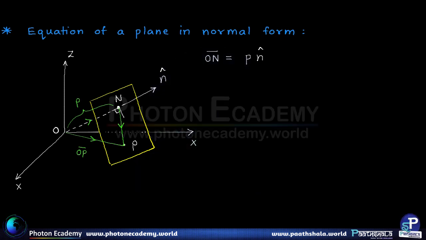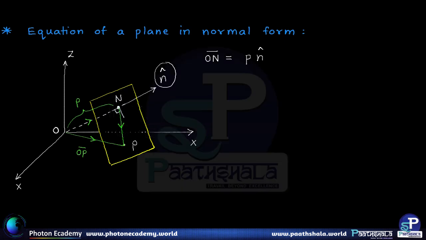Now if you observe this particular vector n cap and the vector NP bar, they will be at right angles to each other, simply because the vector n cap is normal, that means it is perpendicular to the plane. So since NP bar is perpendicular to n cap, if I take their dot product, that must clearly be 0.